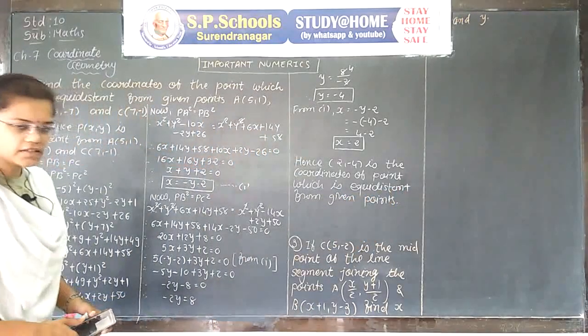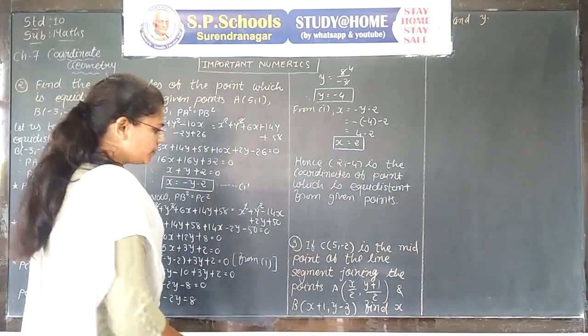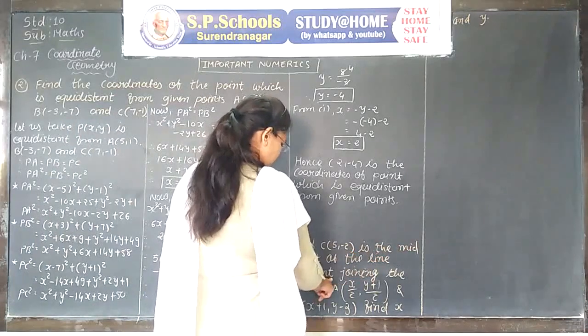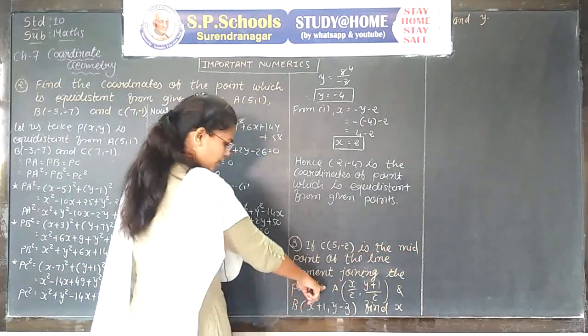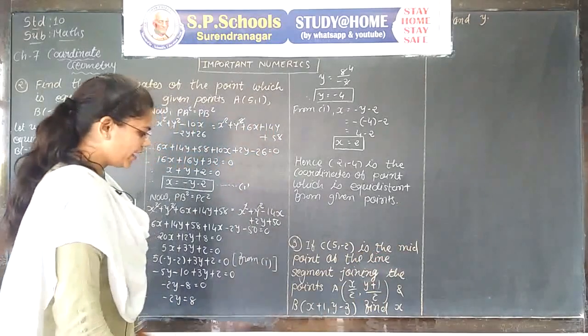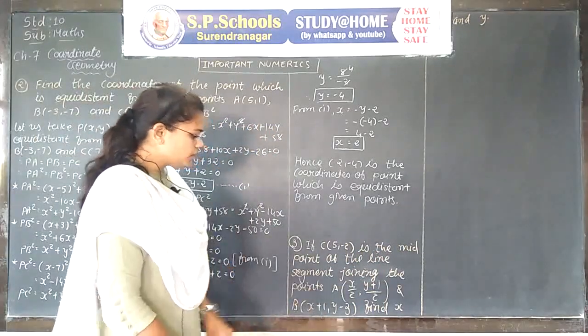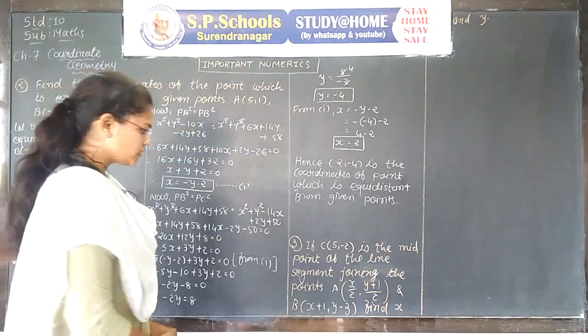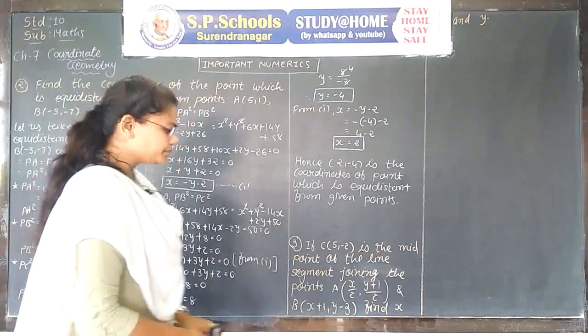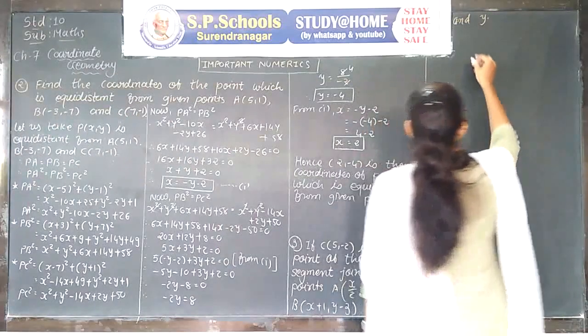Now see the next, third question. If C(5, minus 2) is the midpoint of the line segment joining the points A(x upon 2, y plus 1 upon 2) and B(x plus 1, y minus 3), find x and y. Here C is the midpoint of line segment AB.